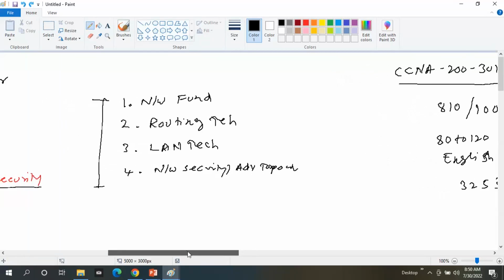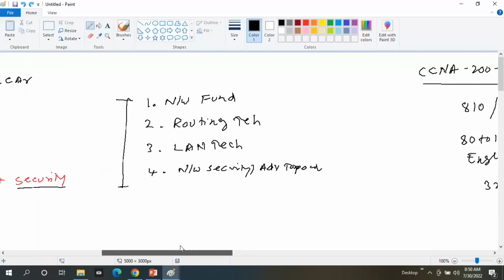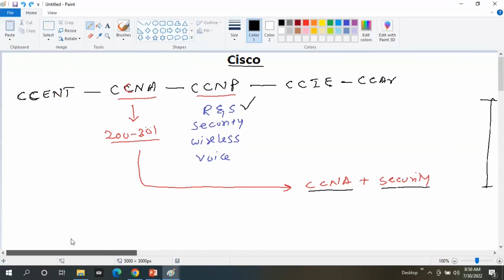At the CCNA level, we don't have any labs, it is all theoretical. But scenario based questions will be there mostly in the CCNA certification. Earlier, to attempt the CCNP exam, CCNA was mandatory. Once you passed the CCNA, then only you were eligible for CCNP. Now there are no prerequisites for CCNP or CCIE. If you want to start from CCNP, you can go directly to CCNP, or CCNA, or CCIE.